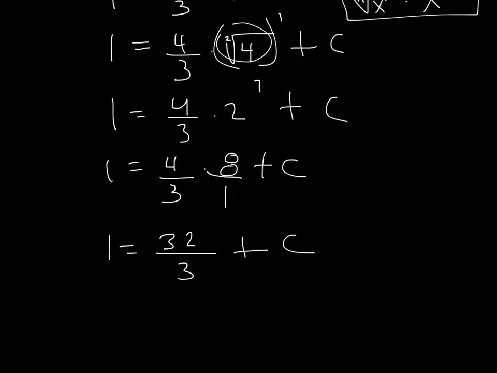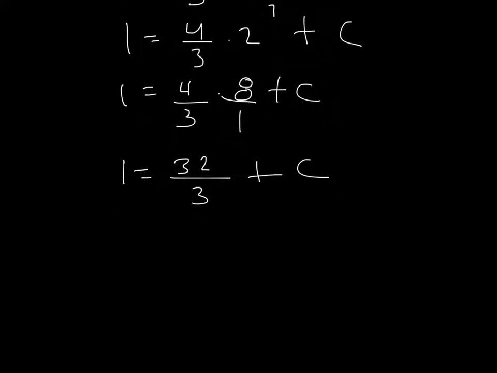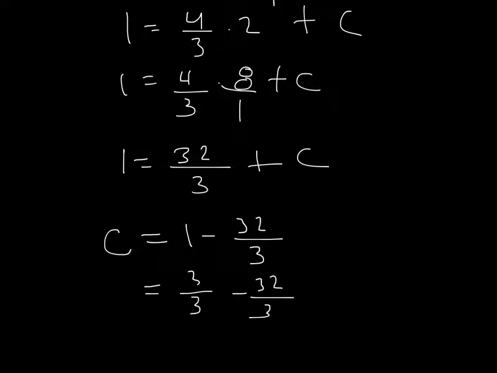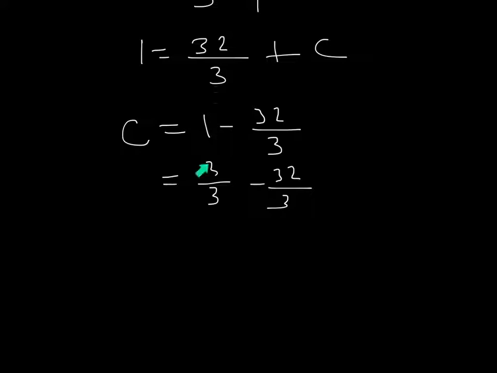And finally, just to solve for c, c equals 1 minus 32 over 3, or 3 over 3 minus 32 over 3, because that's the same thing as 1.